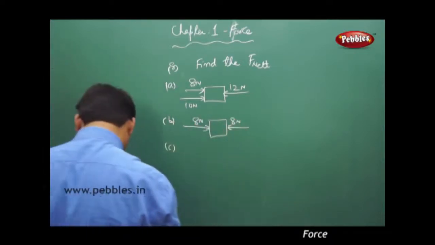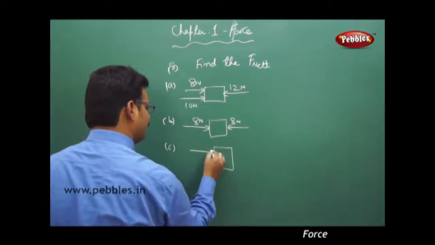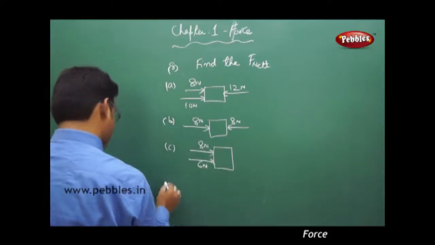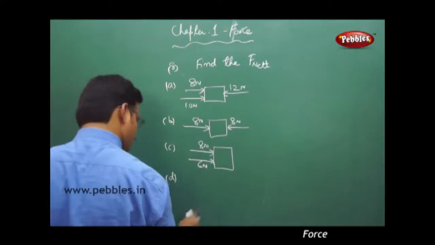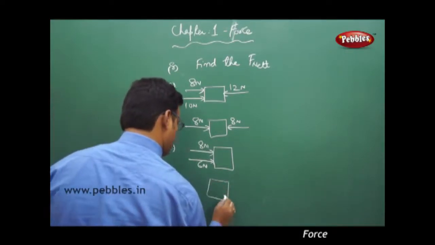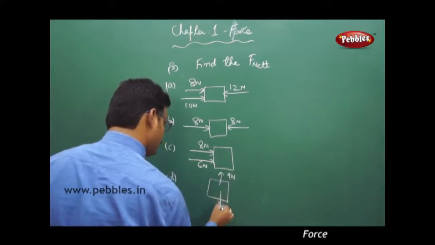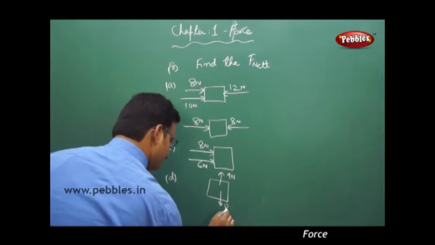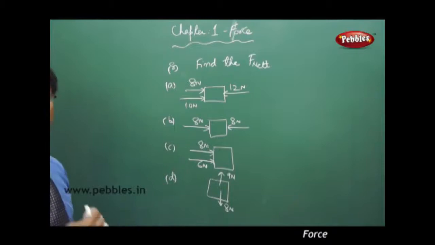Third one is a block, 8 Newton, 6 Newton. Now last one, this is 9 Newton, this is 8 Newton. So 4 diagrams are given to you. You have to find the net force.